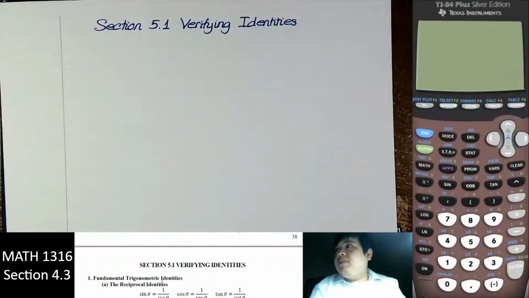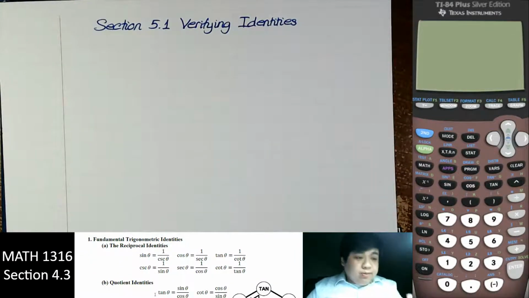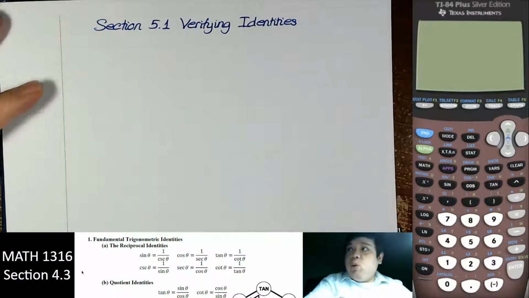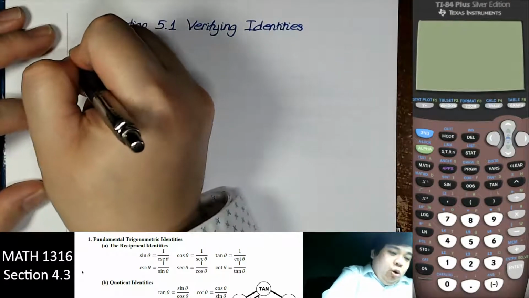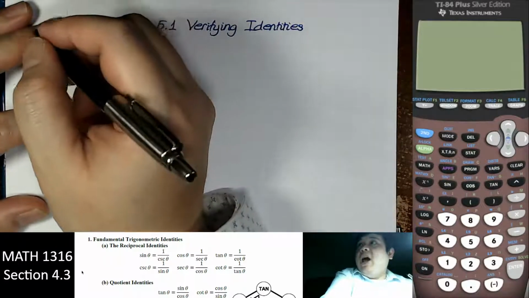Verifying identities. So before we go to the next section, before we actually prove anything or verify anything, we need to go over all the identities we have up to this point.